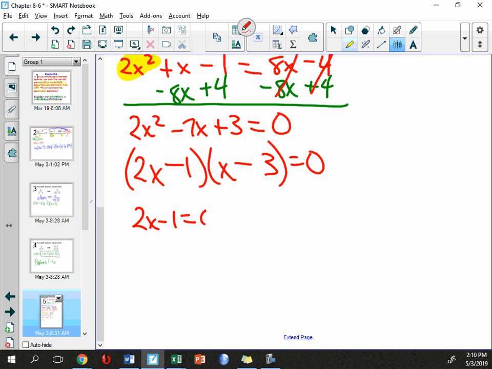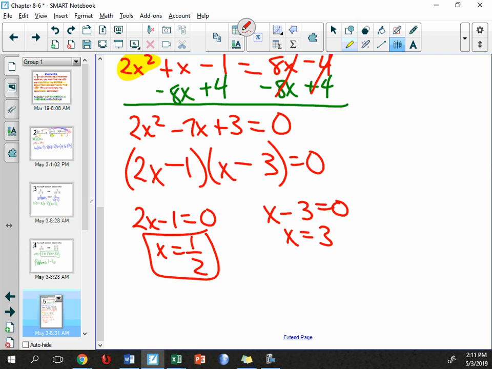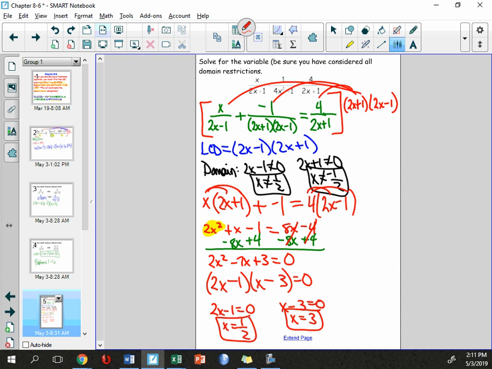Set each parenthesis equal to 0. How do I solve this? Add 1, divide by 2. How do I solve this? Add 3. Now, I want you to, after you find your answer, ask yourself, is it allowed to be 1/2, and is it allowed to be 3?